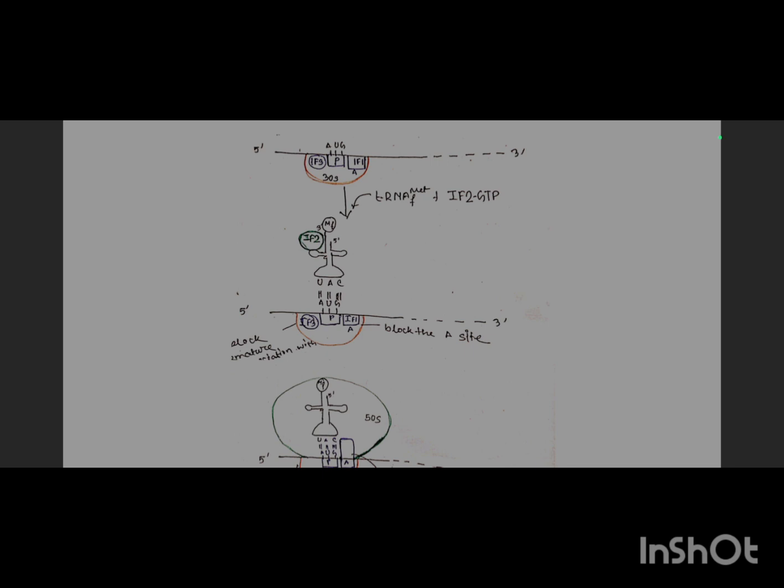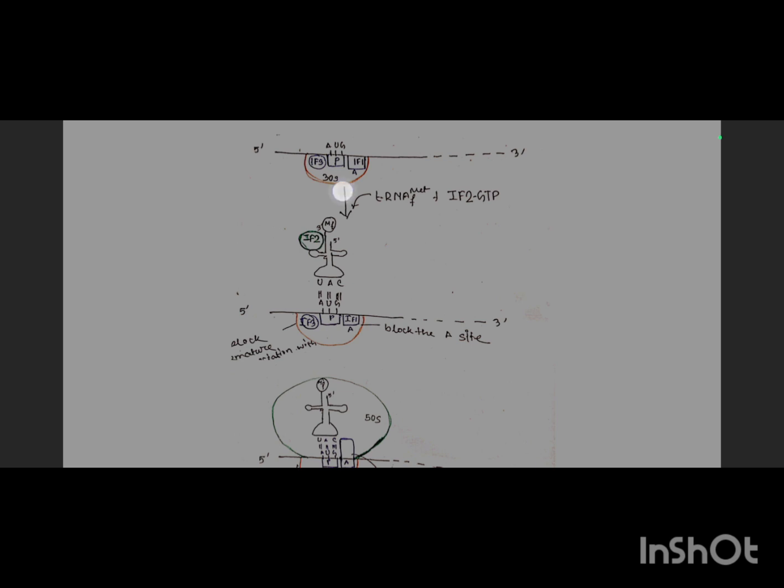Actually there are so many factors involved before starting the translation process. So IF3 sits in this position until everything is finished and the ribosome becomes completely ready to start the translation process. Until then, IF3 sits in this place and blocks the premature reassociation with the 50S subunit.